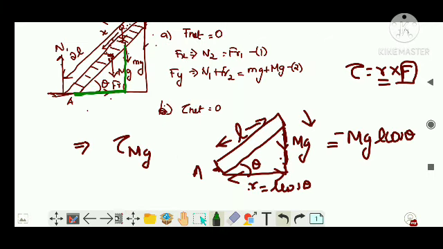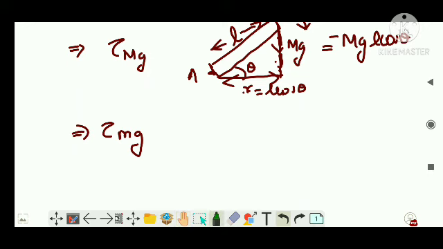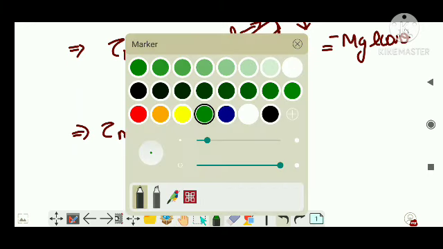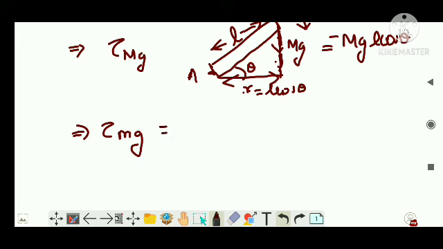Clear? And this distance is l plus x, so it will be (l plus x) cos theta. So the torque due to small mg will be mg (l plus x) cos theta, and it is also bringing the ladder in clockwise direction, so I will write it as minus mg (l plus x) cos theta.